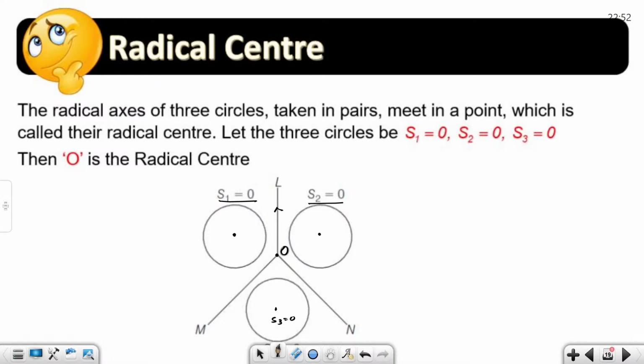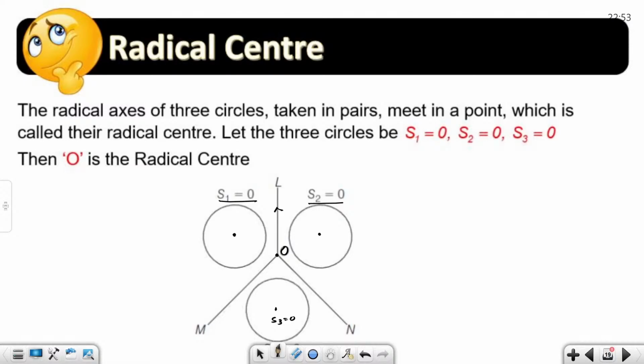So what is the radical center? When the radical axes found by taking two circles in pair, all these three radical axes are going to meet at a point O, and this point O is what is called your radical center. Is it clear to everyone?